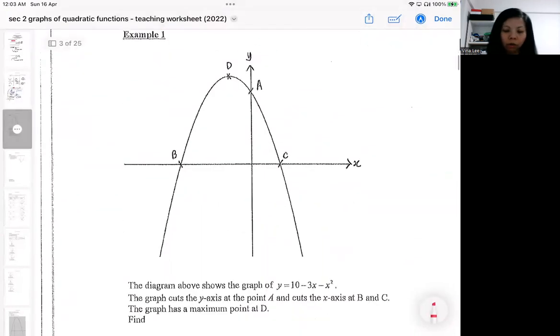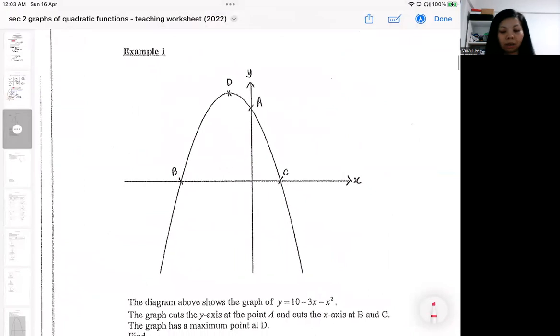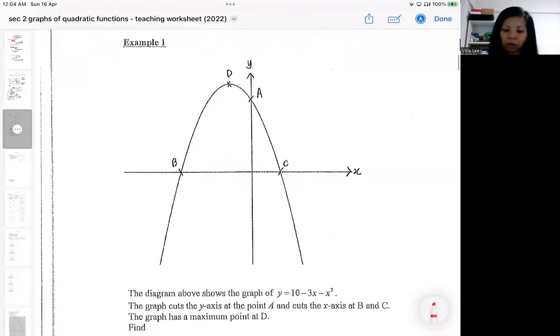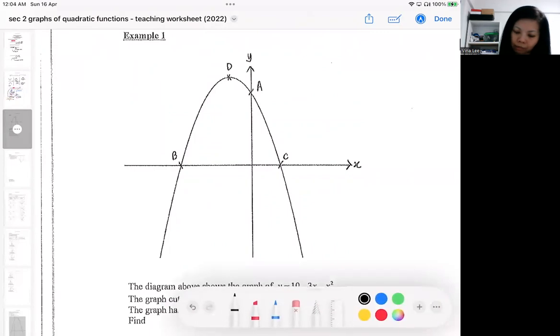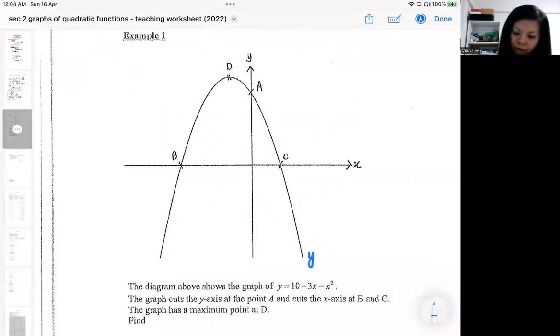Okay, I'm going to show you a typical question like example 1, where they will sketch it for you already, and you're supposed to find the coordinates. All these are standard features, also a standard method. As long as you don't forget, it's actually a very standard method. They gave us the quadratic equation.